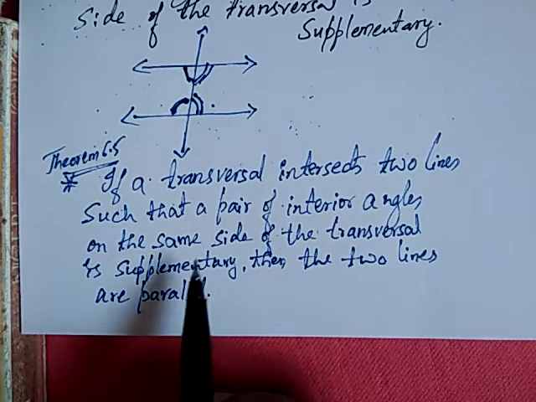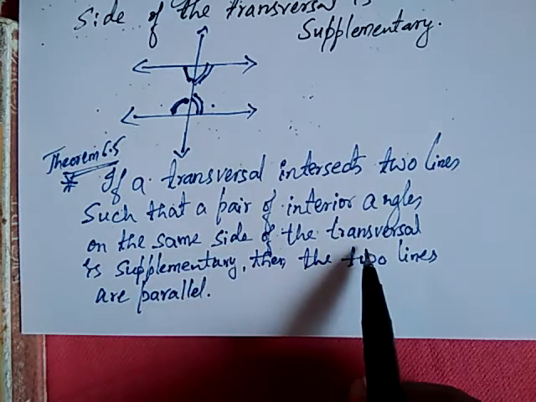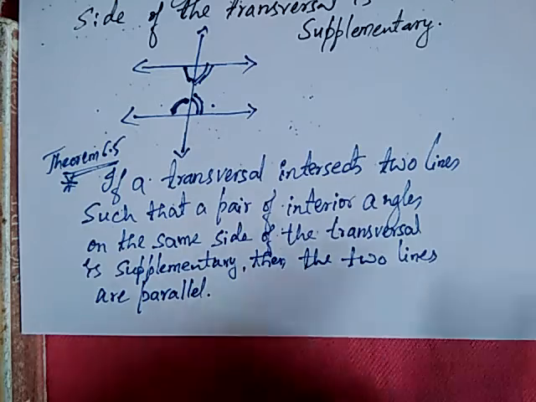When the two lines are parallel, the interior angles on the same side of the transversal are supplementary. When the interior angles on the same side of the transversal are supplementary, then the two lines are parallel.